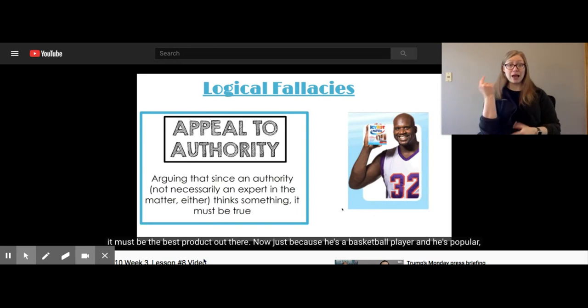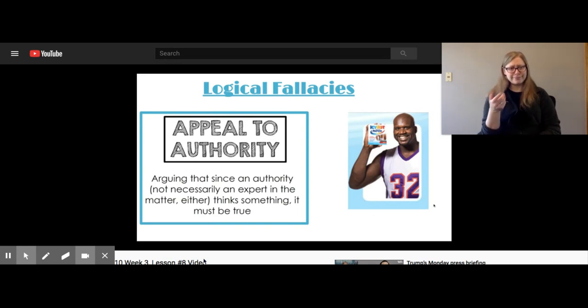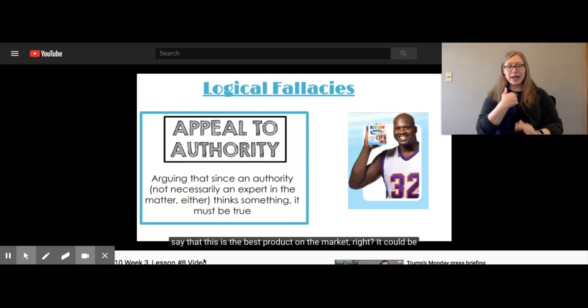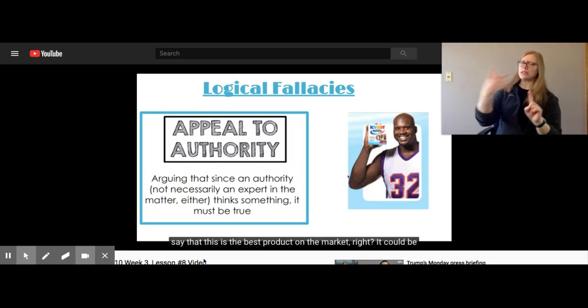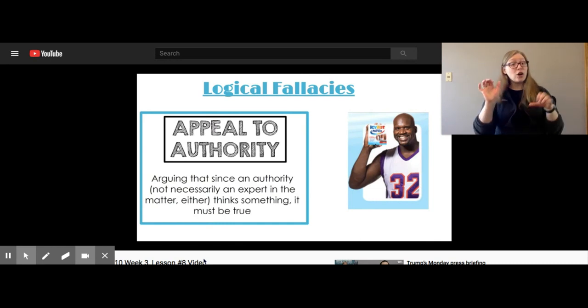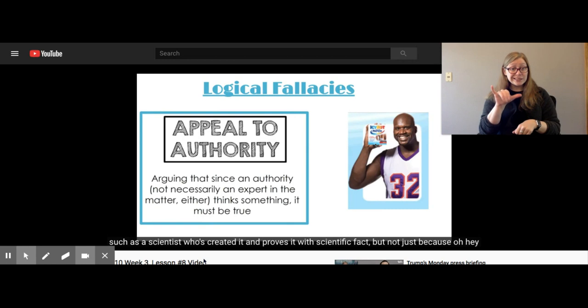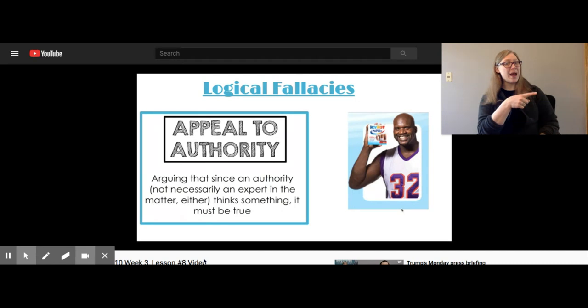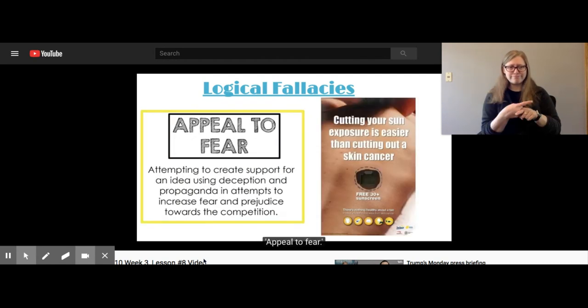Just because he's a basketball player and he's popular does not mean that he has the authority to say that this is the best product on the market. It could be someone who works for Icy Hot, such as a scientist who's created it and proves it with scientific fact, but not just because here's this popular basketball player should we believe that we should buy this Icy Hot patch.